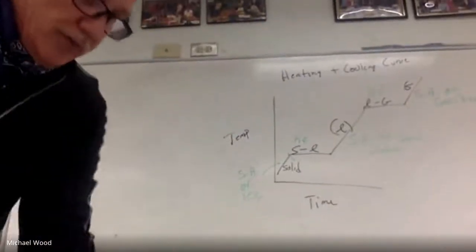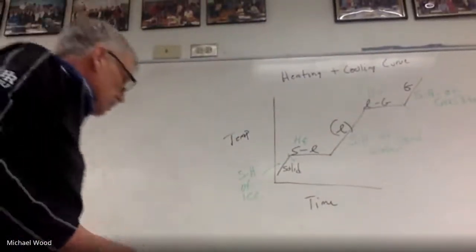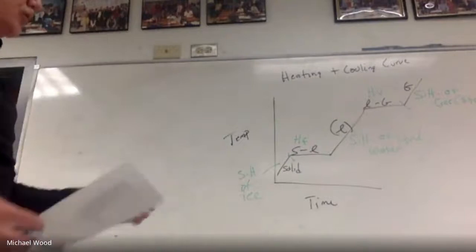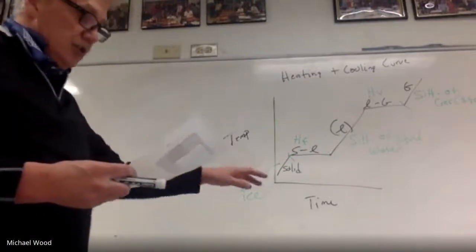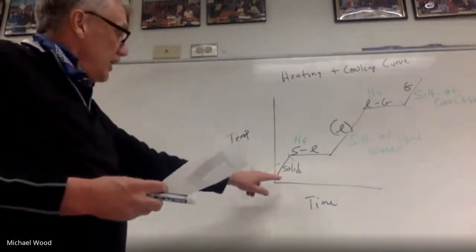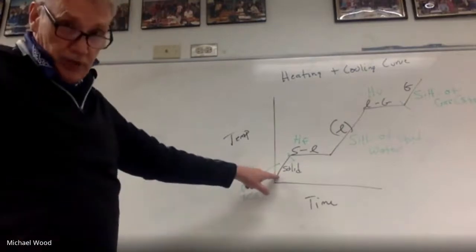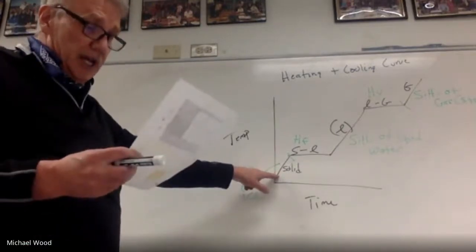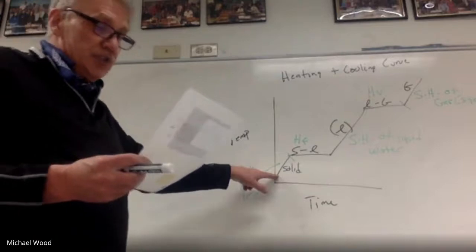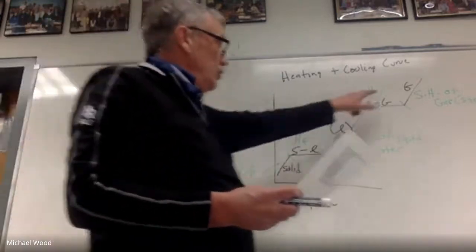We have 36 grams, and the units are really part of this problem. We're starting with 36 grams of ice at negative 27, so we're starting right down here, and we're going to end up at steam at 120. So we're going to end up here.